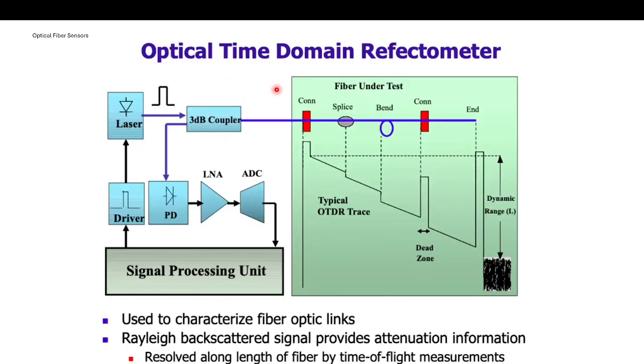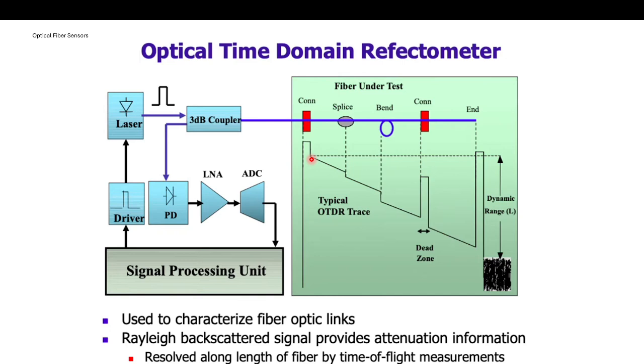Here you can see the OTDR setup where the signal processing unit first sends the signal to the driver and it triggers the laser, where the light pulse propagates through a 3 decibel coupler towards the testing fiber. Here you can see how the fibers are connected tip to tip, and that's how the intensity is high.